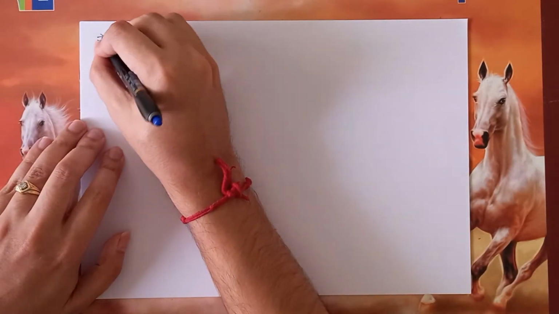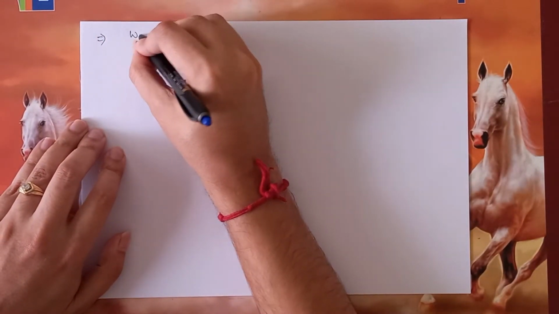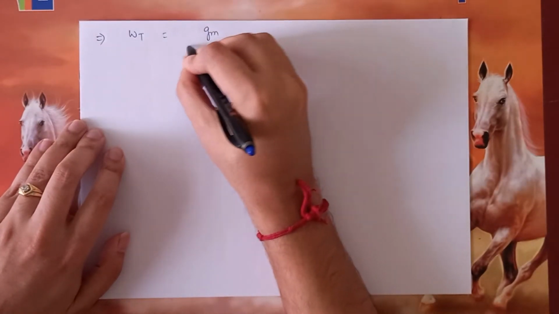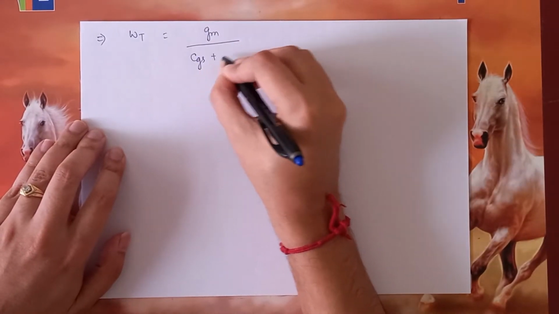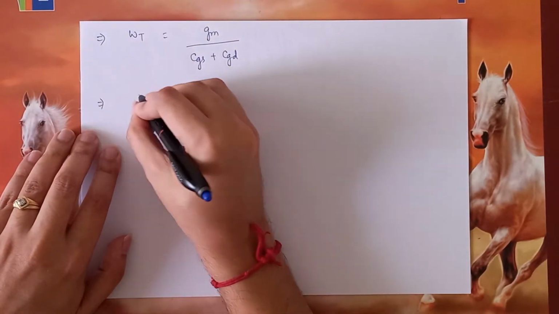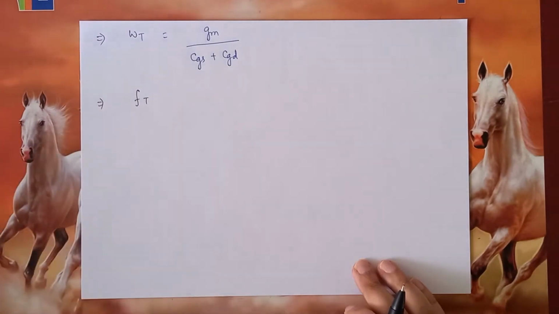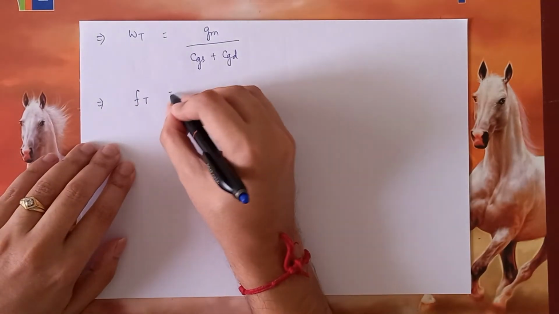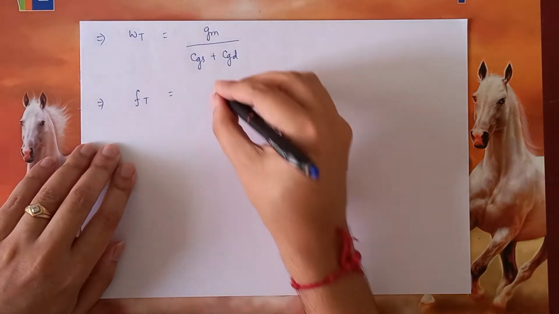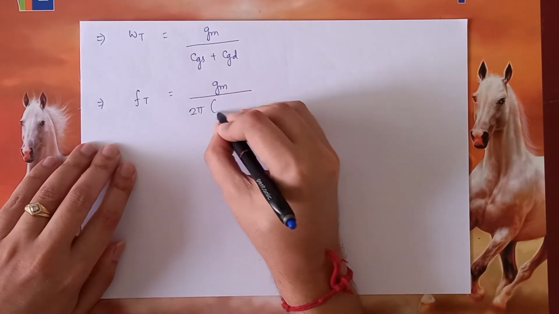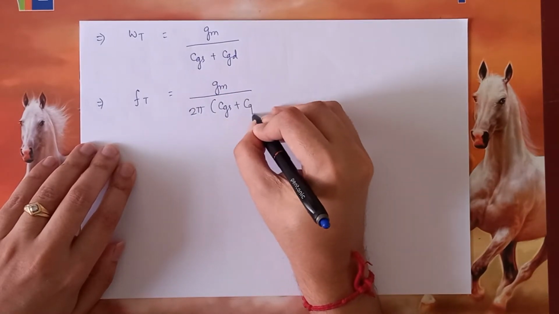So therefore I can say that omega t will be GM divided by (CGS plus CGD). So what we are essentially looking for is the FT, or the unity gain frequency. As you know, Ft is nothing but omega t by 2 pi. This will be Gm divided by 2 pi times (CGS plus CGD).